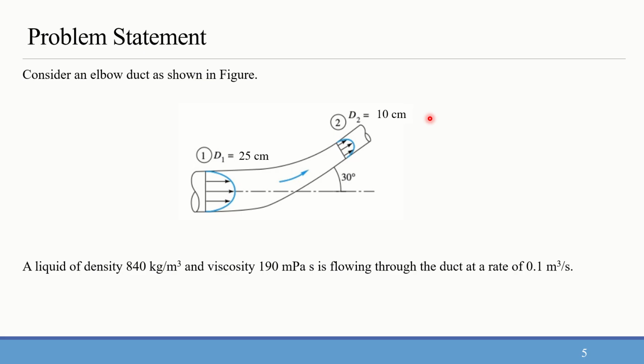And from velocity, what else can we determine? We can determine the Reynolds number. Reynolds number is rho v d by mu. We know everything in that: rho and mu are fluid properties given directly in the question, v we can calculate from the cross-sectional area and flow rate, and d is directly given.